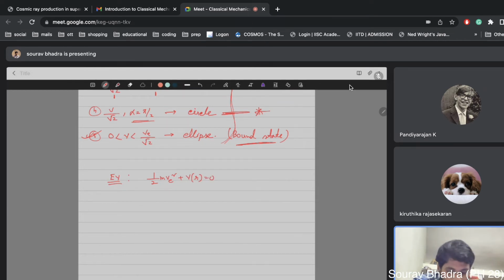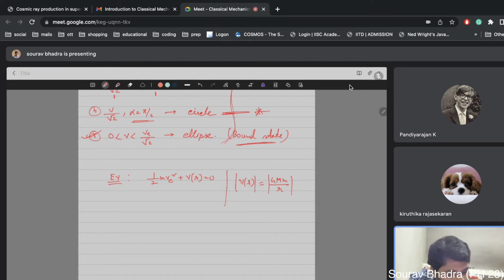Now suppose we are at earth. For earth, our gravitational field is actually GM by r squared, because our force is like, and I am only writing the modulus value, so GMm by r.